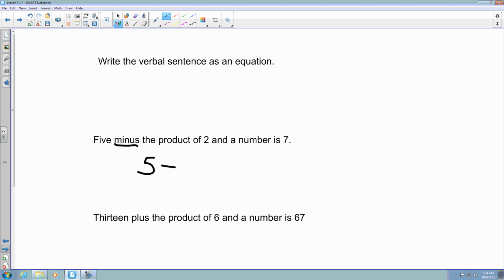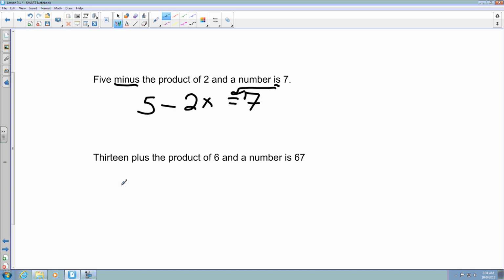The product means it's going to be 2 times a number, and the equal sign is 7. And for the last one, it's 13 plus the product of 6 and a number is 67.